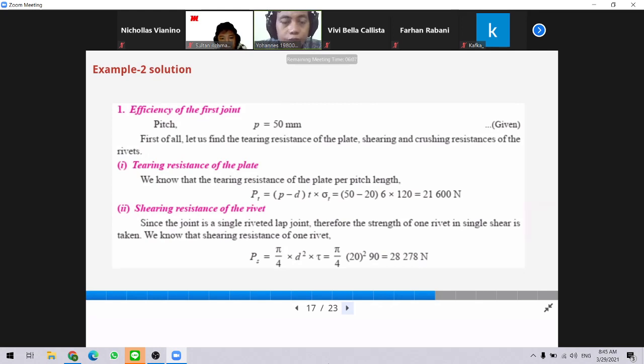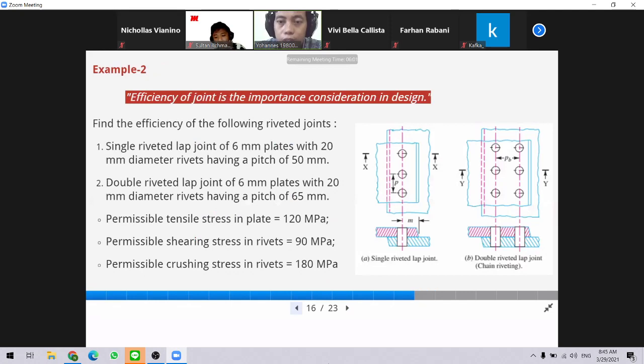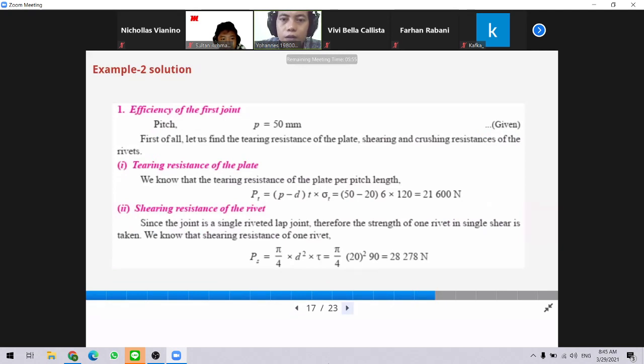For the first type of joint, a single lap joint with a single column of rivets, we can calculate the tearing resistance of the plate.